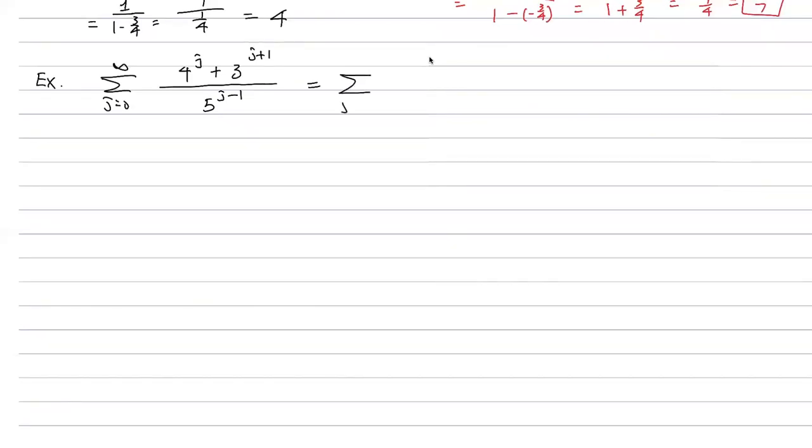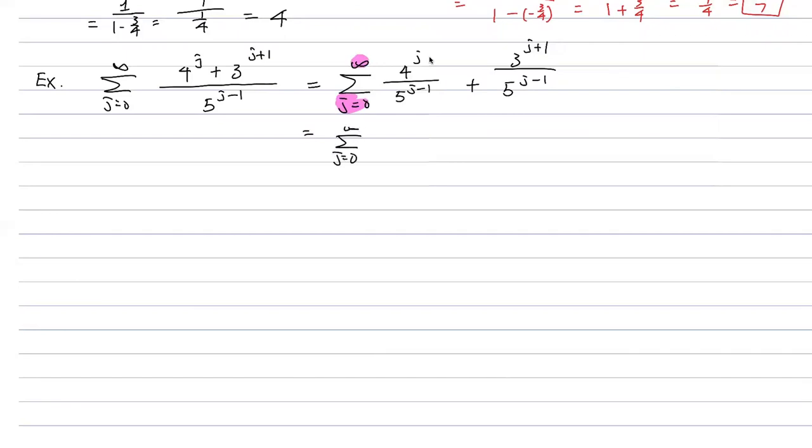Then we have j from 0 to infinity, 4 to the j's power over 5 to the j minus 1, plus 3 to the j plus 1 over 5 to the j minus 1. In this case I want to keep them as j, because my j starts at 0 and goes to infinity, which is perfect. I don't really want to change it.